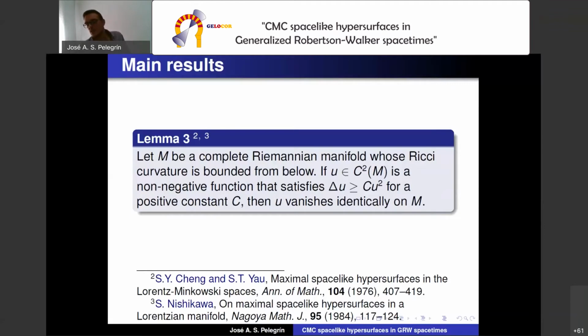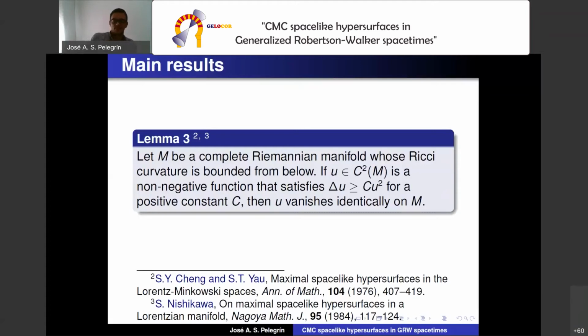And later on, it was clarified by people like Nishikawa and Akutagawa, which helped to state it in this form. It says that given a complete Riemannian manifold with Ricci curvature bounded from below, then any C2 function which is non-negative and whose Laplacian is greater or equal than a positive constant times the square of the function must identically vanish on the Riemannian manifold.